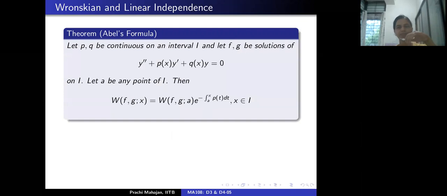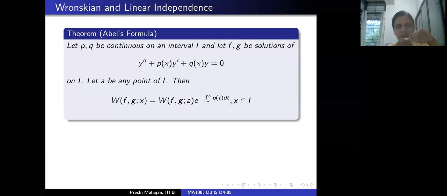Before that, let's run through this. We have been discussing ordinary differential equations, and suddenly we jump to the Wronskian. So let's try to put them together. We have a second order homogeneous linear ordinary differential equation in standard format: d square y by dx square plus p(x) dy by dx plus q(x) y equal to 0.